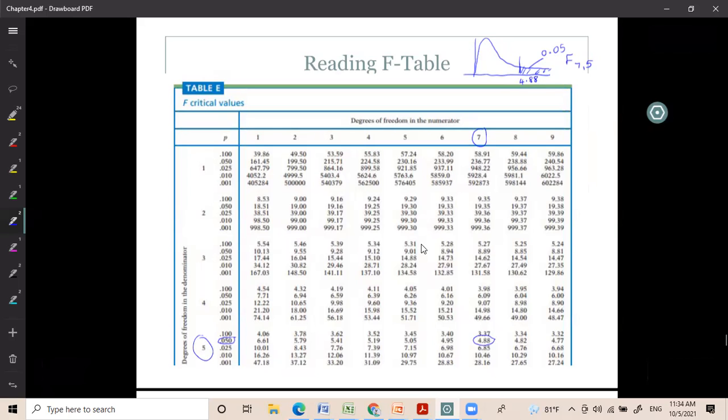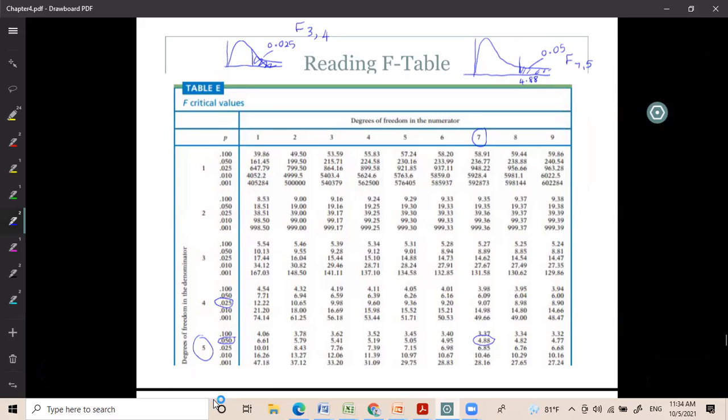Okay, let's try another one. Tell me this one. The right tail probability is 0.025. I need the numerator degrees of freedom 3 and the denominator degrees of freedom 4. How do you find it? Numerator degrees of freedom 3 is here, the third column. 4 is the denominator degrees of freedom, and I want tail probability 0.025.